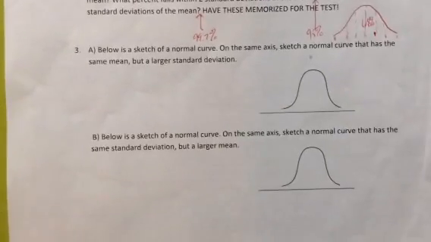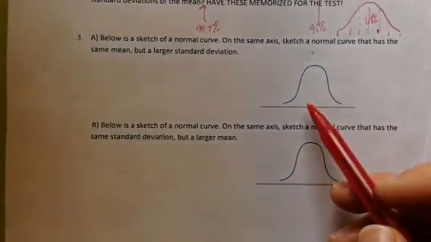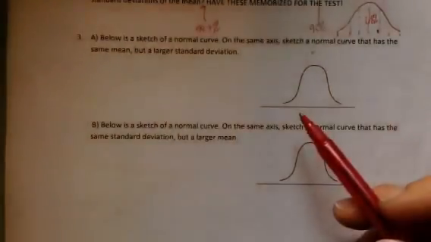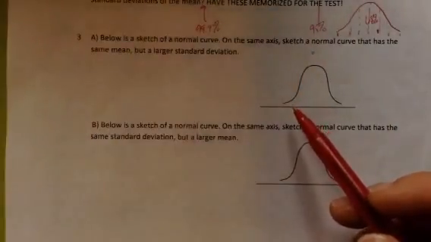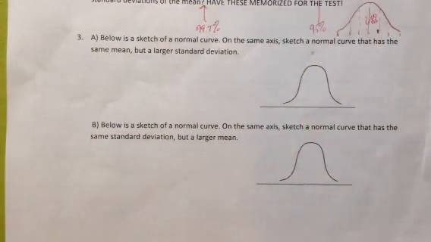All right, below is a sketch of a normal curve right here, right? On the same axis, you need to sketch a normal curve that has the same mean, but a larger standard deviation.